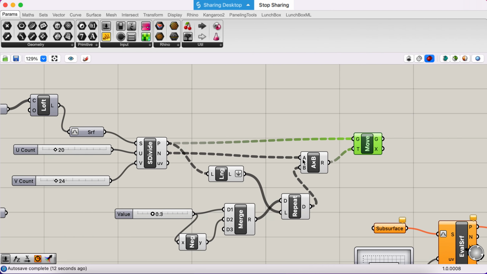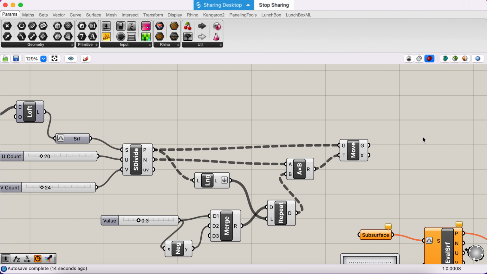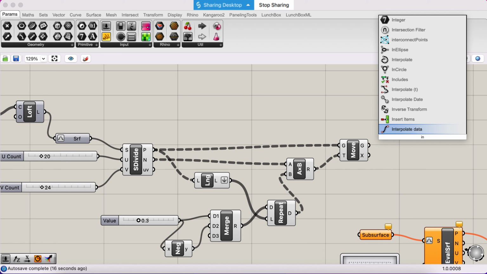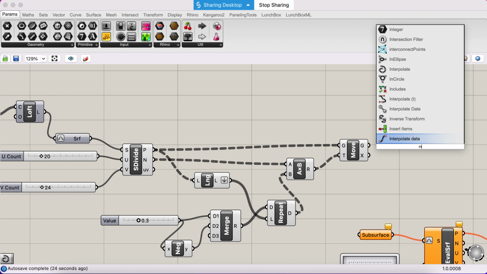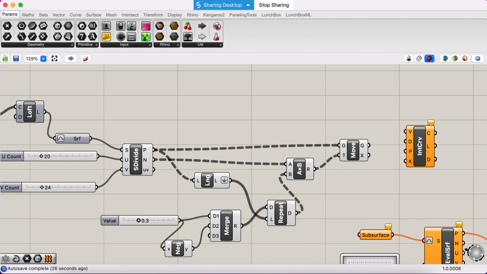All I have left is to interpolate a curve. Not this one, I'm going to use Interpolate Curve. The vertex data is going to be this, and the outcome will be the curve.